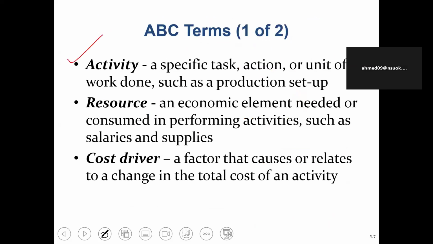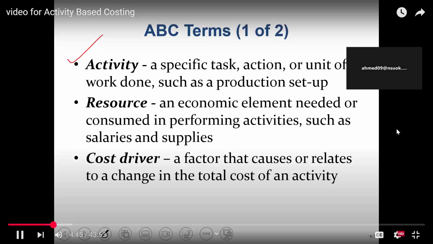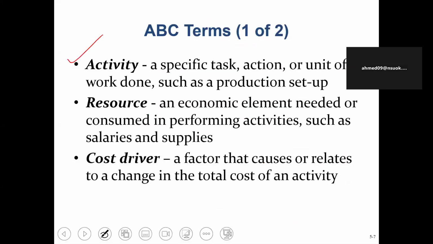Also, these are very important terms that I wanted everybody to understand. What is activity in this case? It's a specific task, action, or unit of work done, such as production setup, machine setup, those kinds of things. Resources: the task itself, or the activities, need a resource, right?